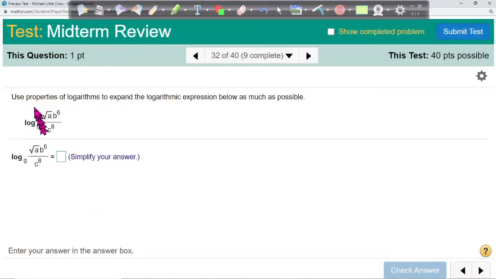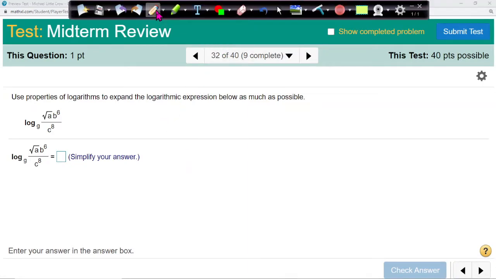32. Okay, use properties of logarithms to expand this logarithm. So there are 3 properties of logarithms that are of importance. Multiplication becomes addition. So remember this one, log of x times y becomes log base b of x plus the log of y.